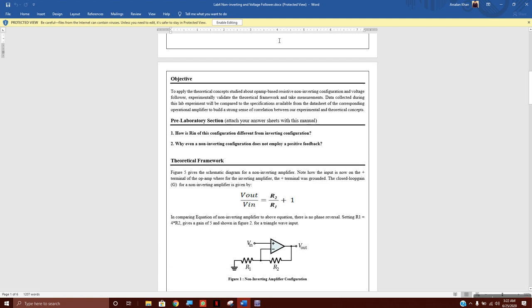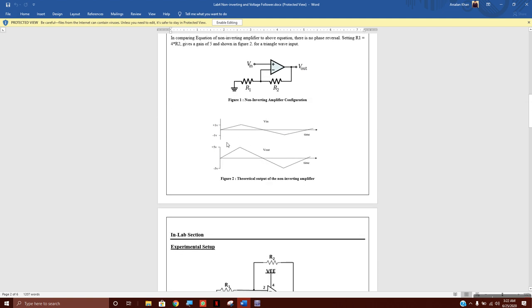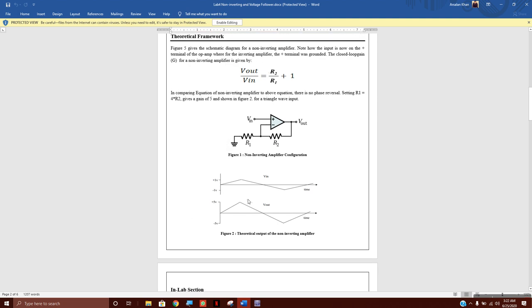So let's move on to the non-inverting amplifier configuration. As you can see here, we will get the gain, but this won't be inverted like our previous one. Obviously it has its own applications, like music amplifiers, voltage amplifiers, that sort of thing.